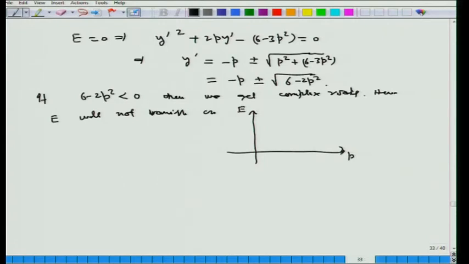So, on the P axis, E will not vanish. There are no points here on the P axis where E will be 0; it will not vanish for any real P. So, we can remove this, not needed.